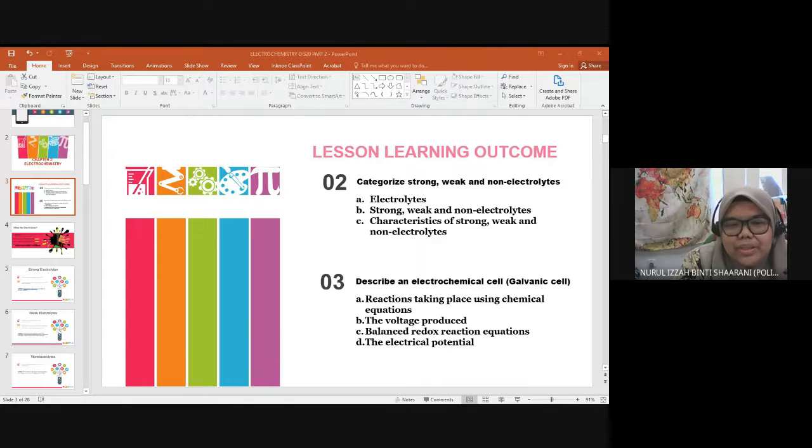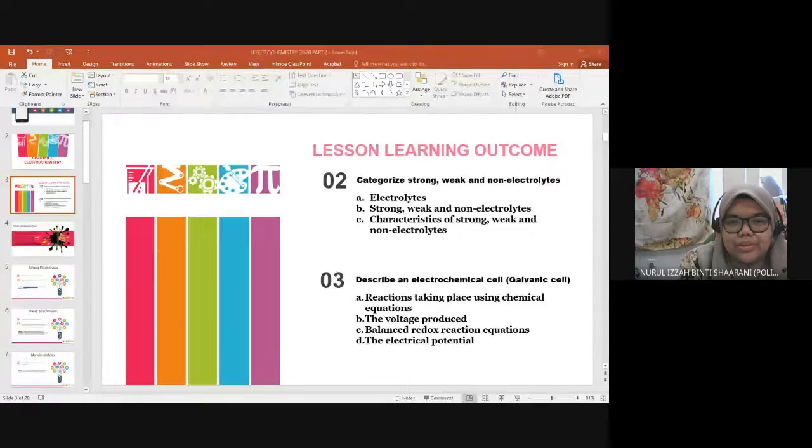In the previous practical class I also explained how to do the calculation to find out the cell potential, right? So kelas ni macam ulangan saja untuk enhance pemahaman awak, dan ada beberapa knowledge baru yang kita akan tengok. Then kita akan try out with the example juga. Saya akan tunjukkan beberapa contoh soalan.